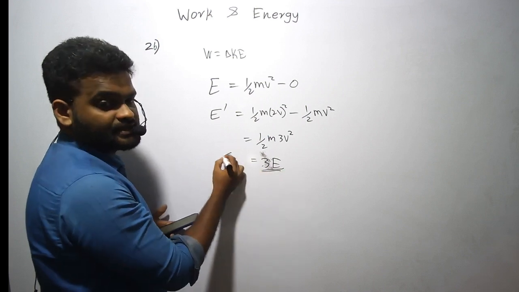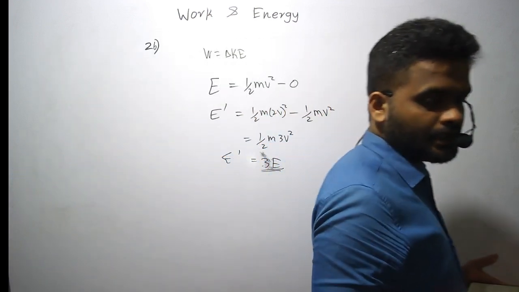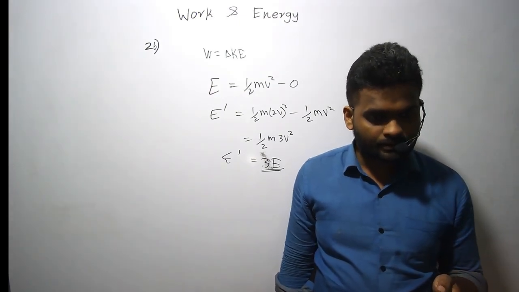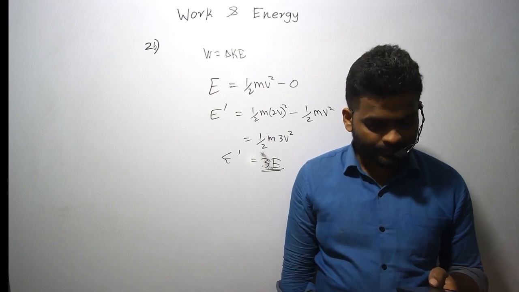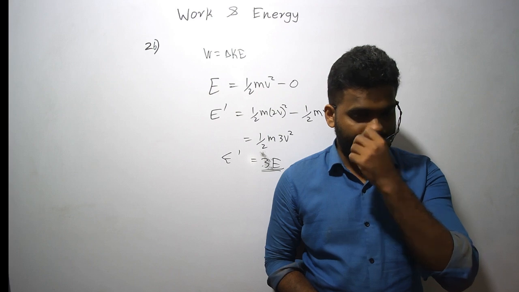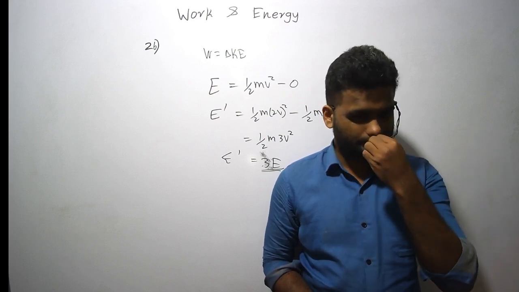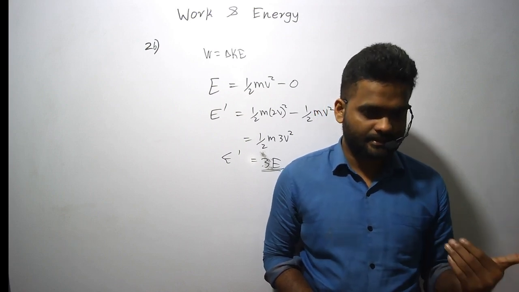So E dash is, at the second case, we need 3 times the kinetic energy. So it is not the same, right? Answer is the third one, right? Got it? You need 3 times, not just 1. You need 3 times the kinetic energy at the second case.